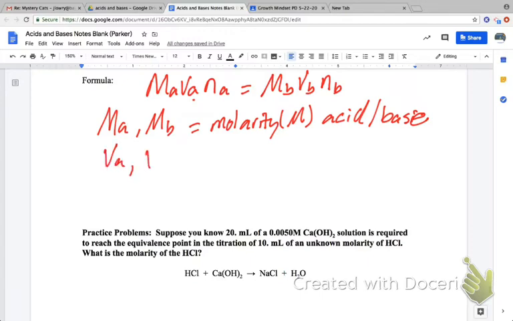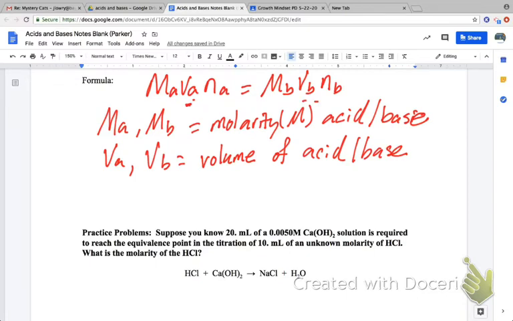Va and Vb is going to be the volume of the acid or base. It can be in milliliters or liters. It just has to be the same. So in other words, if the volume of your acid is in milliliters, then the volume of your base would be in milliliters.